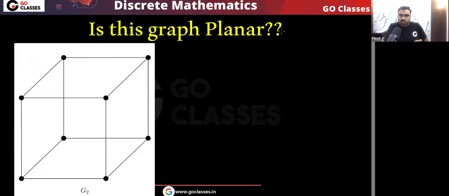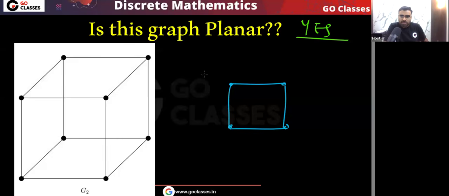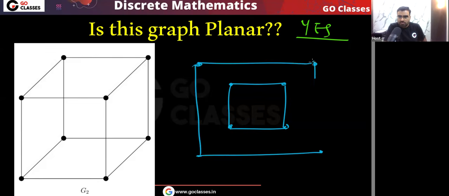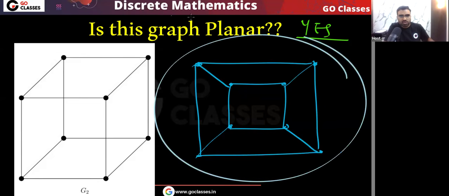The answer is yes. So remember, this graph is planar, because I can draw this graph without edge crossing. See what I am going to do. I can draw this graph very easily like this. That's it. Now you can see this is the drawing without edge crossing.